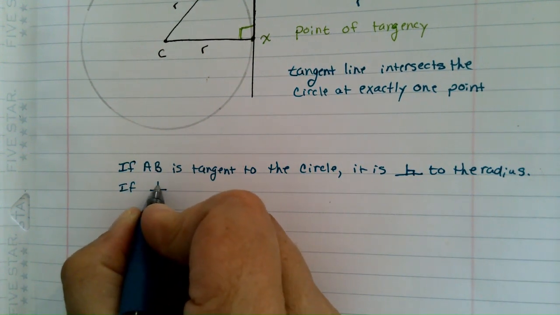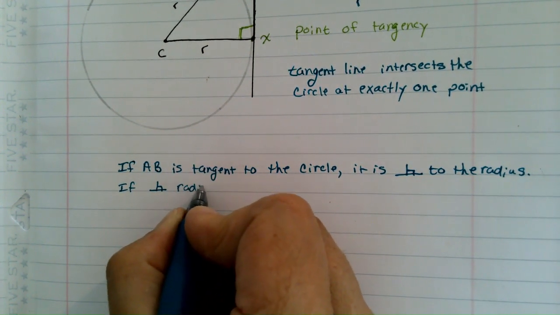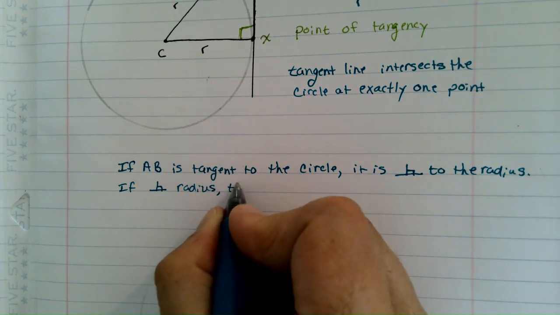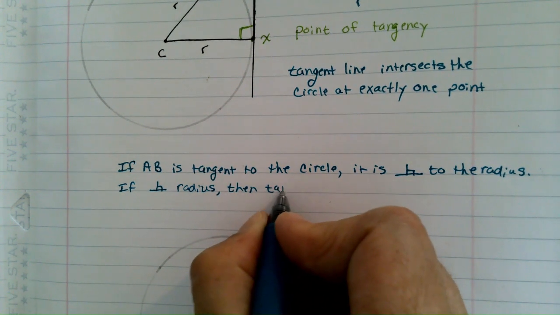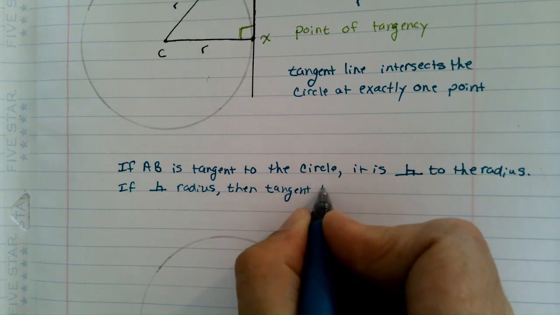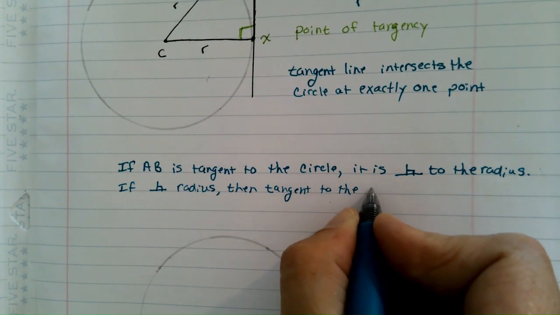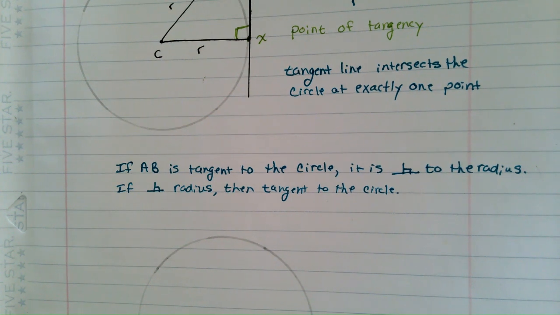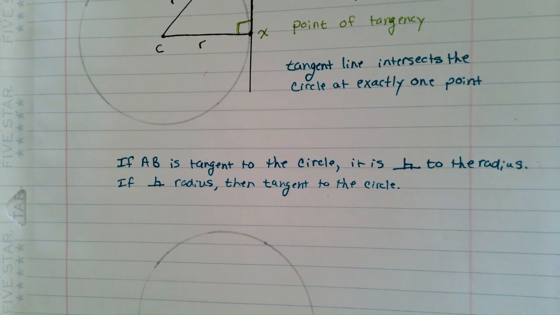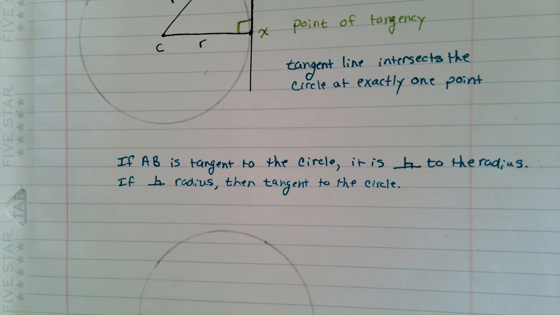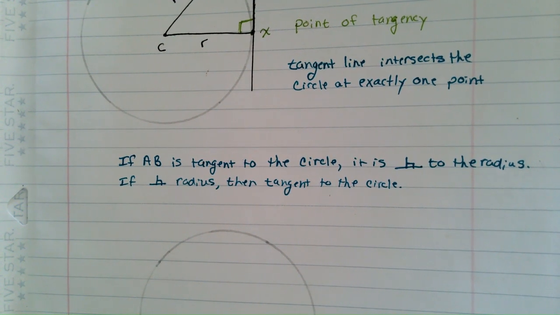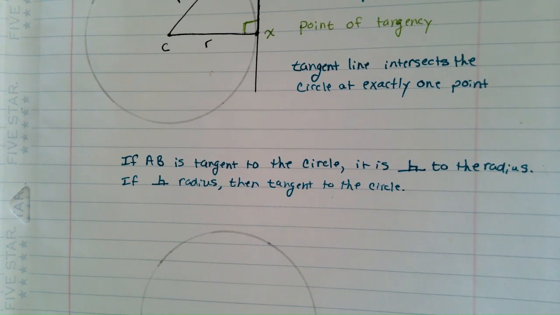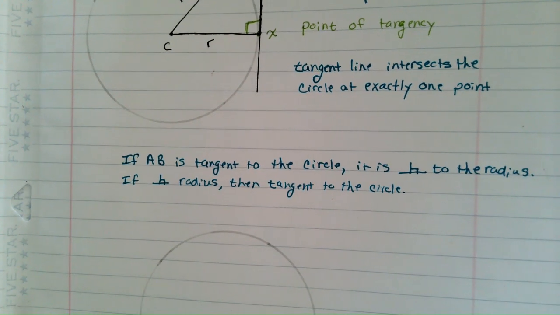If perpendicular to the radius, then tangent to the circle. So we can keep that in mind. All right. So that would be your statement about a line tangent to the circle. That's your definition of a line tangent to the circle. It goes forward, it goes backwards.